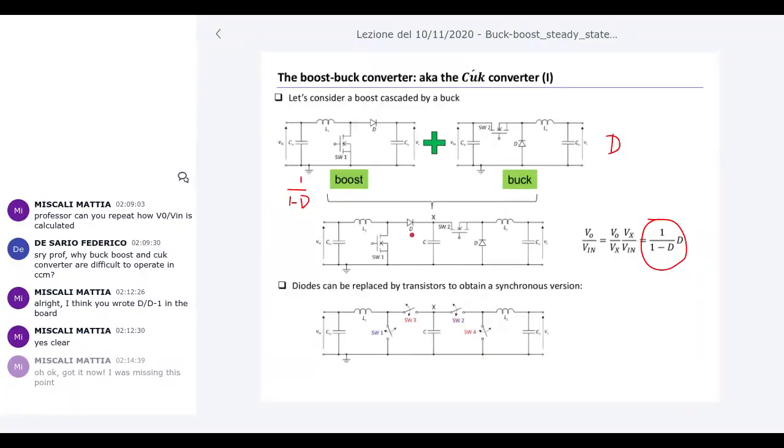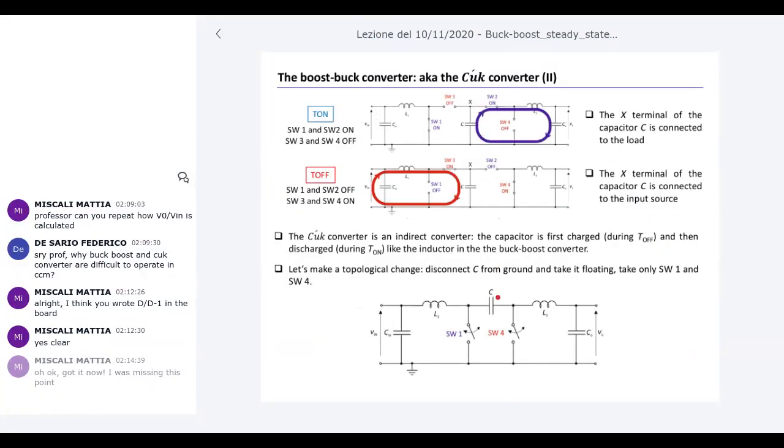But when you make the topological changes, in this case for the Chuk converter, I made this capacitance C floating, not connected permanently to the reference. Then the output voltage becomes negative, and so I have to change the conversion ratio from D over 1 minus D to D over D minus 1.